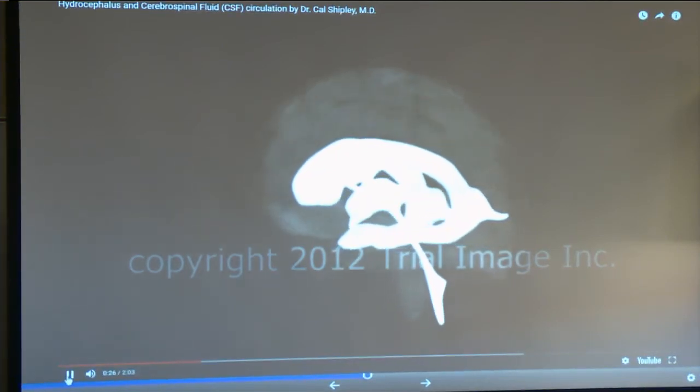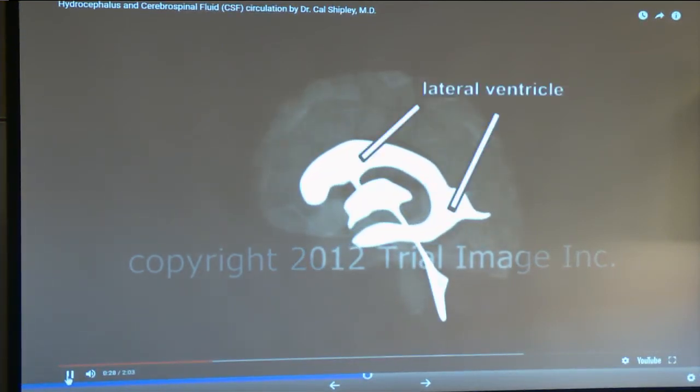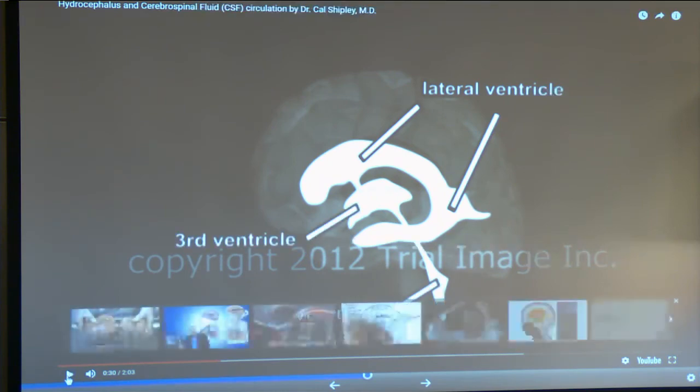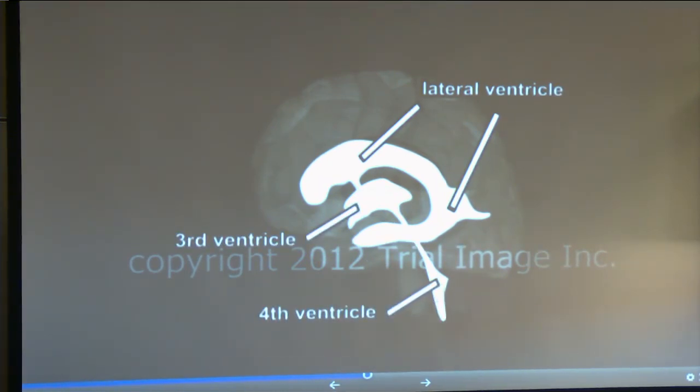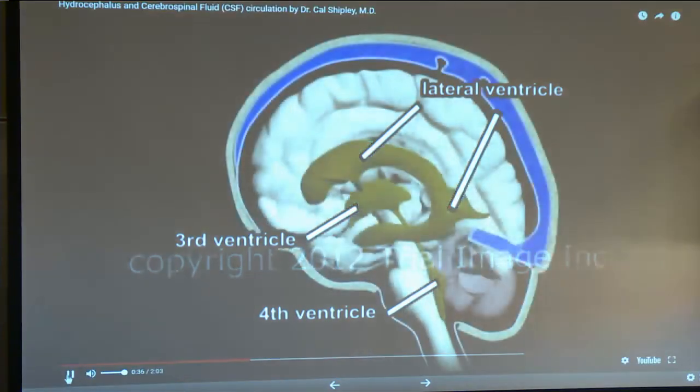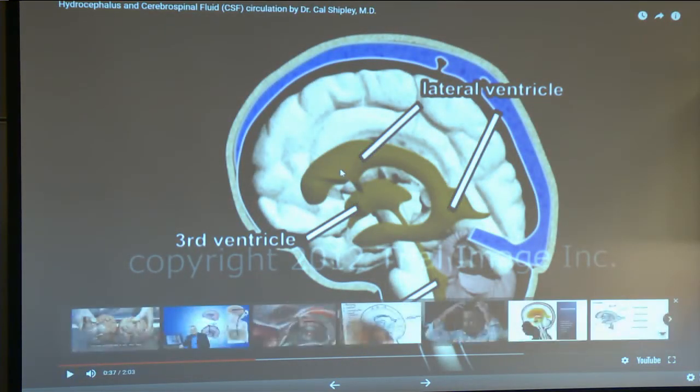In the middle of the C shape, you can see that third ventricle. And then, of course, down here you can see the fourth. And then, of course, this is that interventricular foramen. So from the lateral ventricle through that interventricular foramen to the third, down the long cerebral aqueduct, down here to the fourth, and then we can go subarachnoid space or central canal.